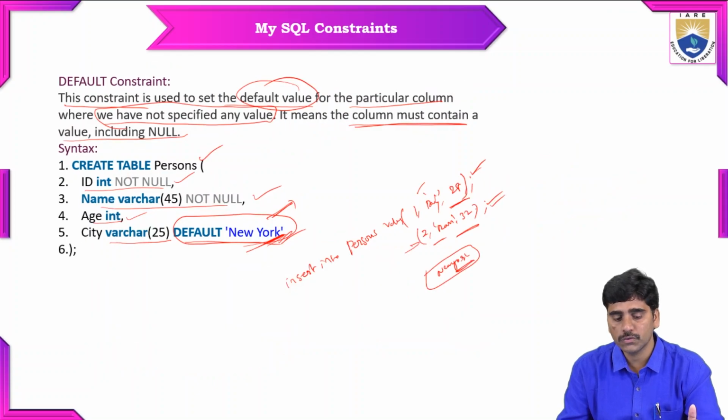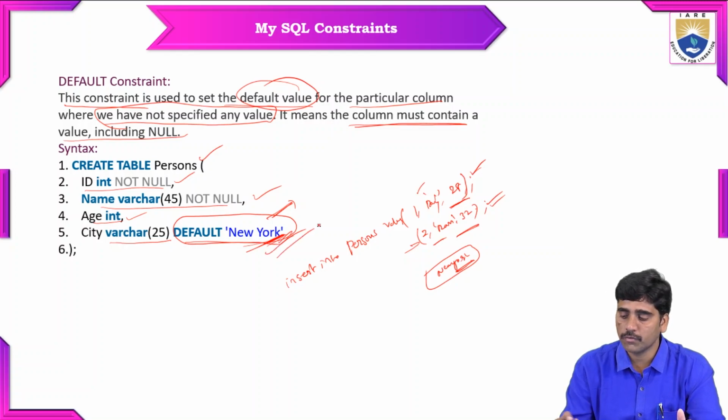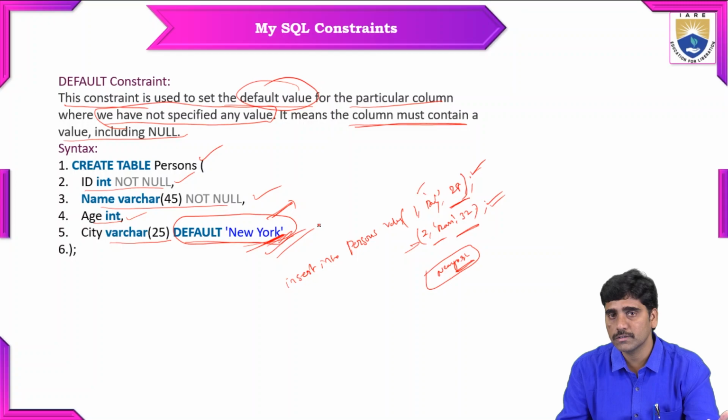Default constraint. When a default constraint is applied to a column and you do not insert a value for that column, the default value is inserted. No need to specify or insert other values because we specified a default value.